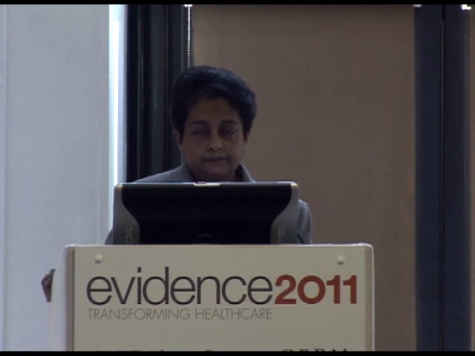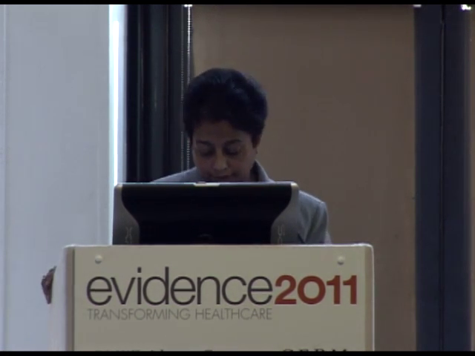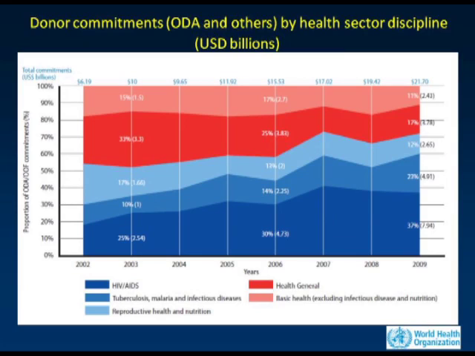Because one of the biggest problems in the NCD arena is the lack of resources, particularly in low and middle income countries. Here you see the donor commitments by health sector discipline. For 2009, you can see we had like 21.7 billion, the total ODA and other donor commitments. But if you look at what this money was spent on, you can see HIV/AIDS, TB, malaria, infectious diseases, reproductive health and nutrition, all very important problems.